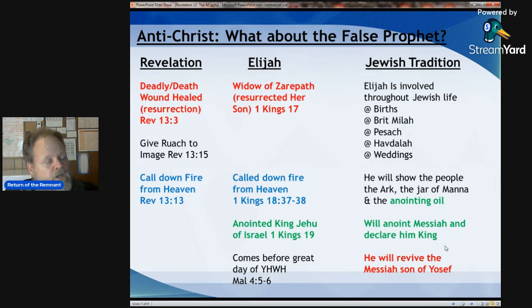So something to take a look at there, according to Jewish tradition and Revelation and Elijah. This is why I believe the false prophet more than likely is going to be an Elijah type figure that Satan will use to continue to deceive people.